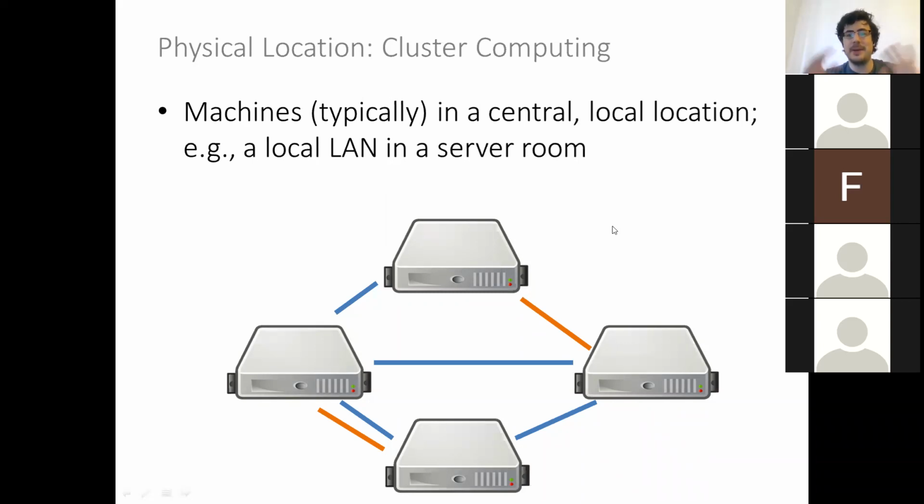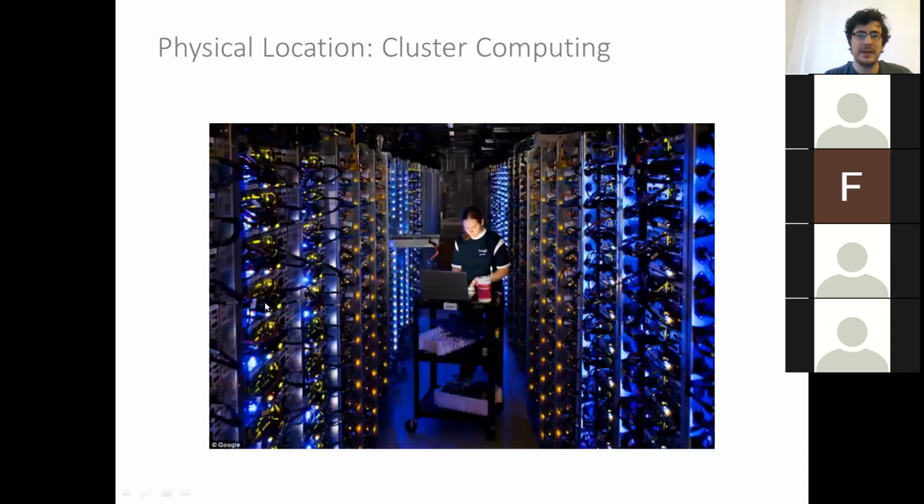So for example, I'm in the university, downstairs I've got my cluster of 5 machines, and they're all connected by network, and I'm running my distributed system on these 5 machines, right? So this would be cluster computing. This typical scenario here, okay, this is more than 5 machines, but maybe you have something in a university or in a large company that has its own cluster.